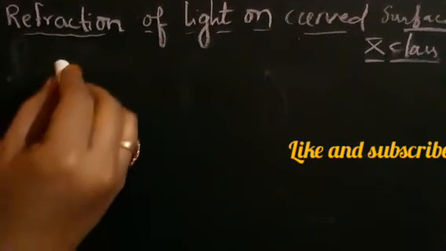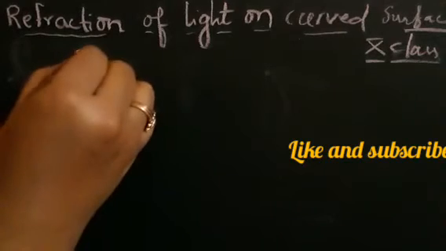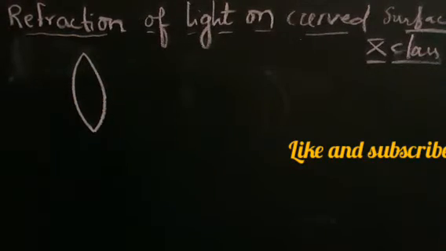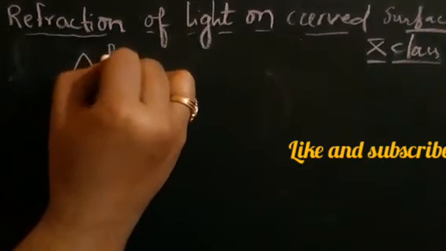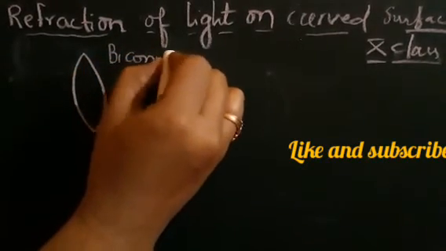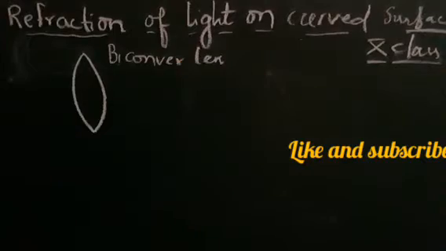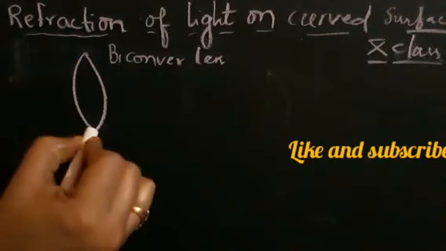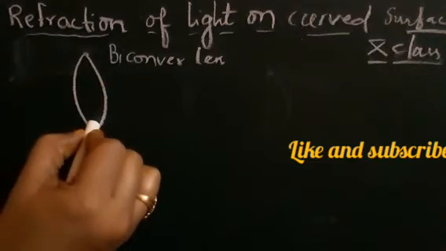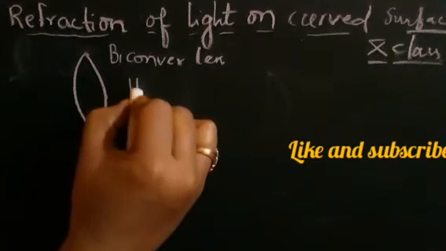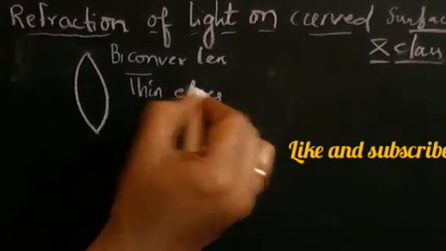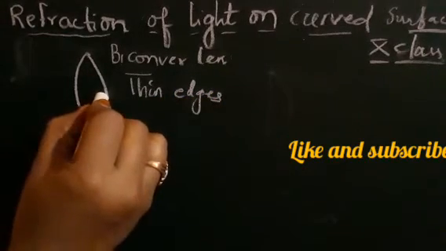So let us learn about these lenses. This is the biconvex lens. You see that the edges, the ends of the biconvex lens, are thin, and at the center it is bulged.